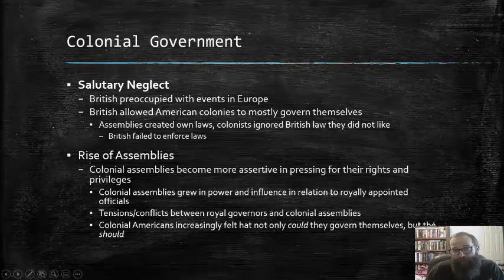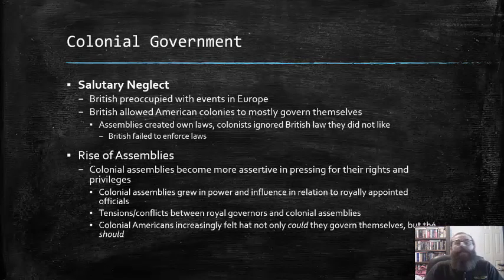Colonial government in British North America became increasingly more robust in the 18th century. For a while up to that point, the British had practiced an unofficial policy that historians have termed salutary neglect in their dealings with the North American colonies. The British were preoccupied for much of that time with events in Europe and elsewhere in their growing global empire.